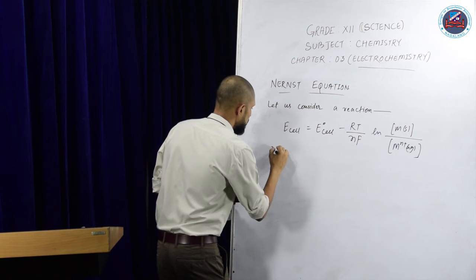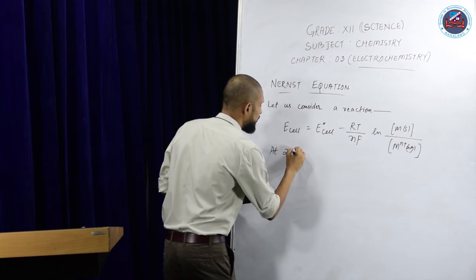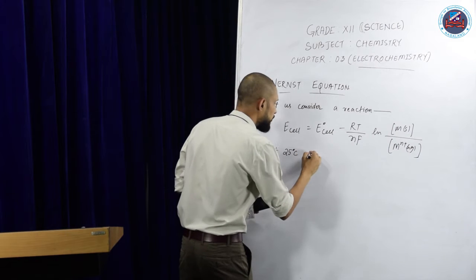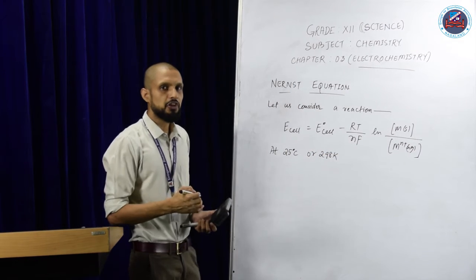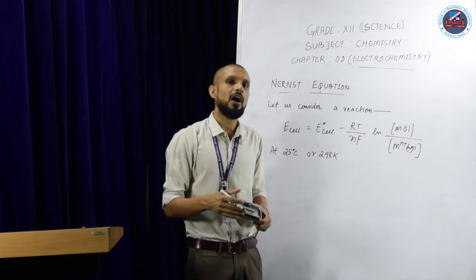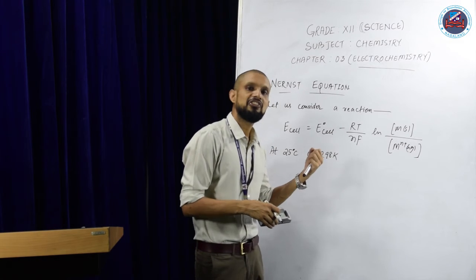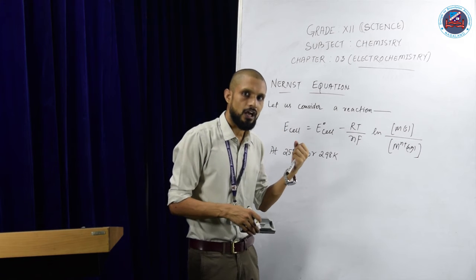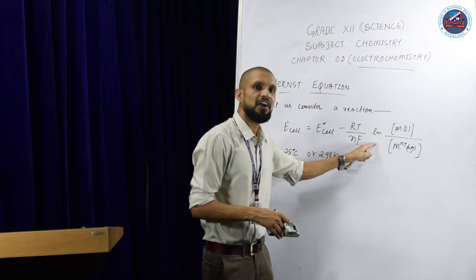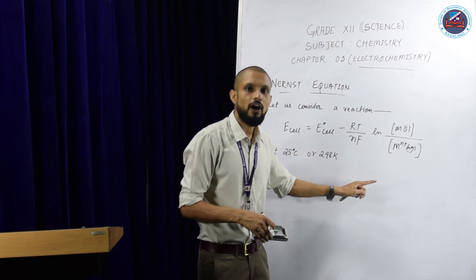Now at 25 degrees centigrade, or you can say 298 Kelvin. Most of the time the numerical questions are asked at 298 Kelvin. So if the question is asked at 298 Kelvin, instead of using this equation, you can use the modified equation.